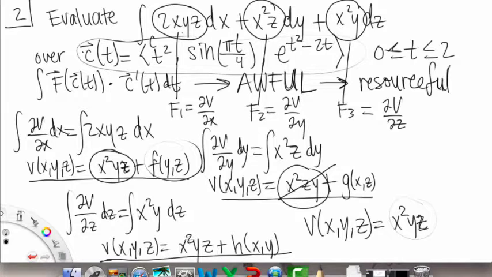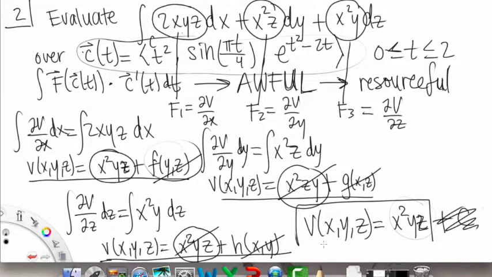The third one is x squared yz again, and we don't need a duplicate or a triplicate. So we're done, and we don't need these at all. You could always add in the plus c, but that's not necessary. So this is our potential function.